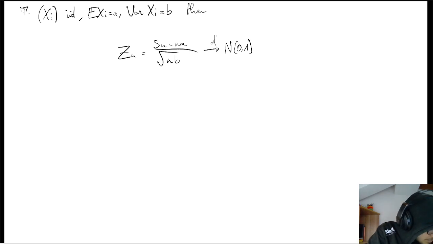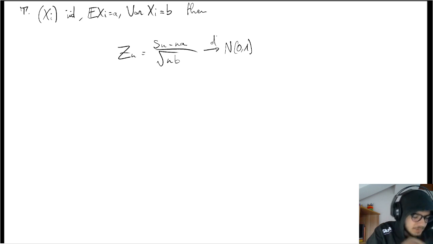The usual way to prove this theorem is using Lévy's theorem, which says that convergence of characteristic functions is equivalent to convergence in distribution, which I think we saw, right? In any case, we want to extend this to a more general setting, but before that we need to introduce some concepts.